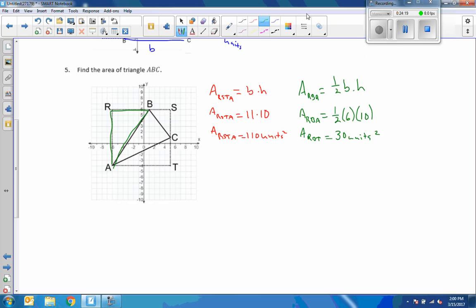Okay. And then I want to find the area of this triangle. So I'll do that here. The area of BSC equals 1/2 base times height.